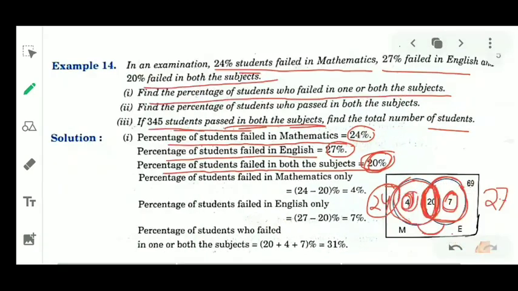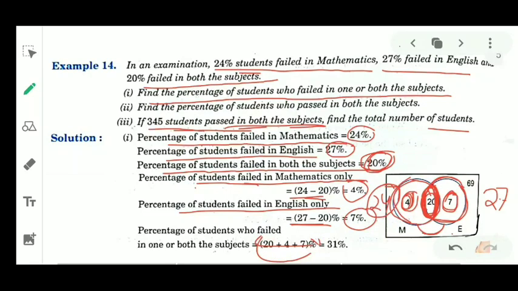Okay, so the percentage of students failed in mathematics only equals 24 minus 20, the common part, which gives you 4%. Now the percentage of students failed in English only equals 27 minus 20, that is 7%. Clear? Now the percentage of students who failed in one or both the subjects equals 20 plus 4 plus 7, that is 31%.